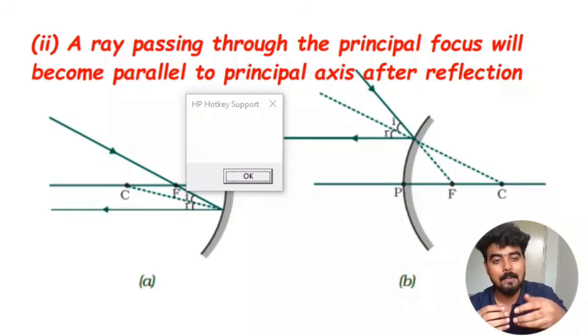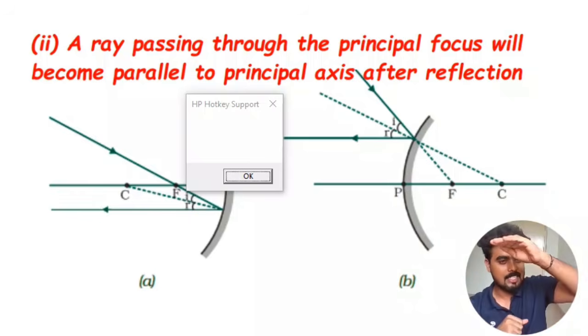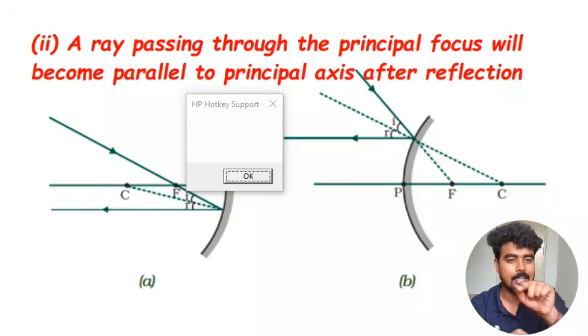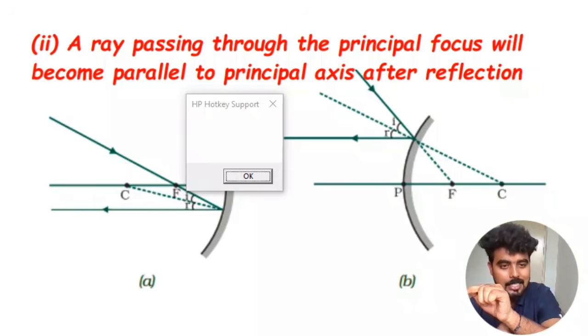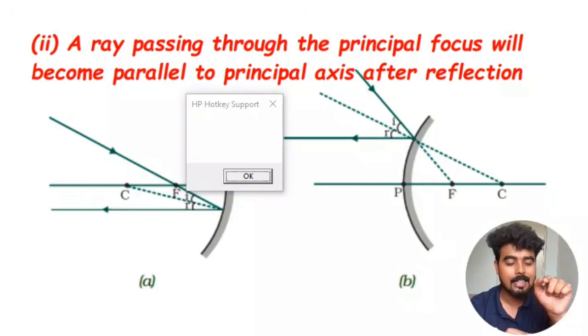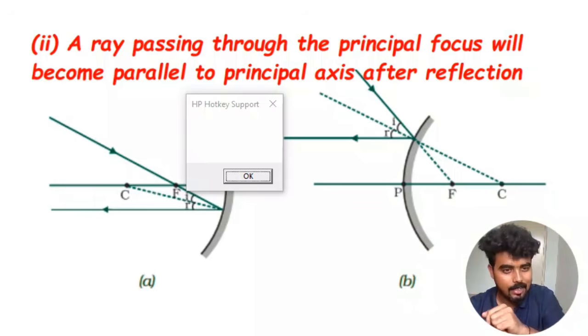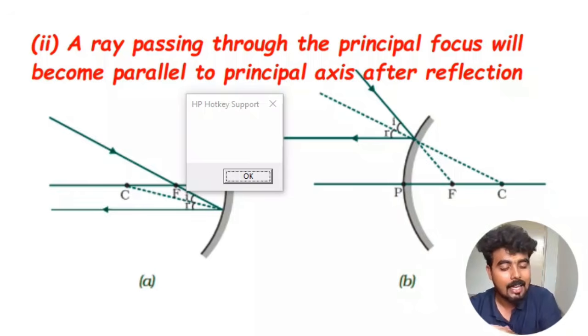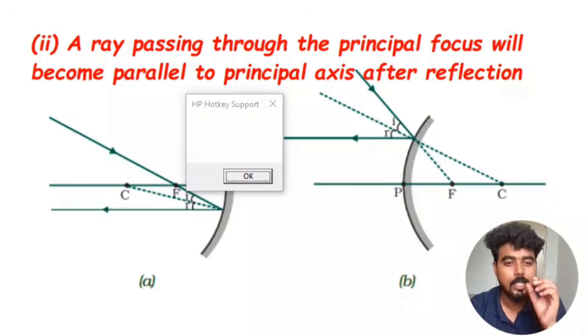Let us make it simple. Let us consider this is a concave mirror. This is the principal axis and these points are center of curvature, focus and pole. Now, when a ray of light passes through the focus, it will come back as a line parallel to the principal axis. This is rule number 2.